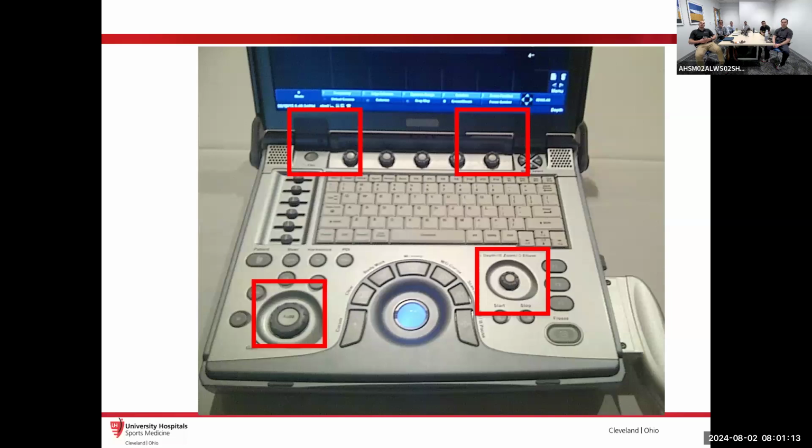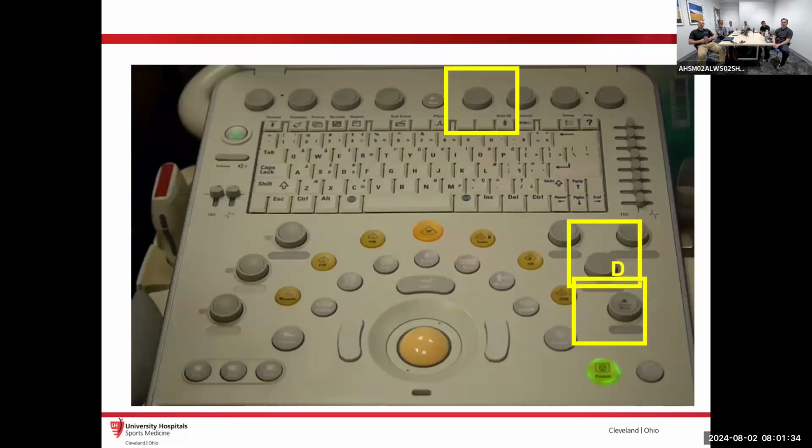So for this one, the depth is there. This is an older GE, similar to the ones that Ben, myself, I think Dan and Josh all use in different locations. Frequency, focus, and then gain. This one, I have no idea what kind of machine it is.